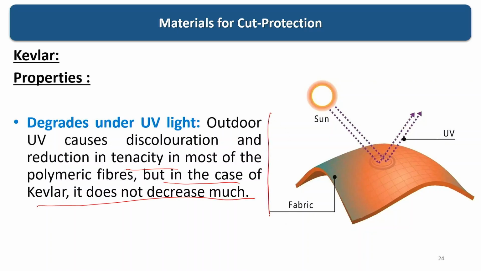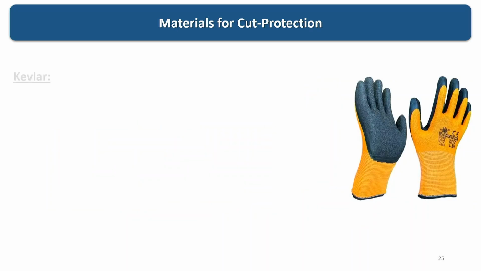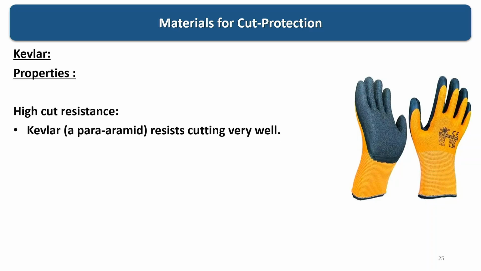So, although in most of the fibers there is a decrease, in case of Kevlar the effect is not that prominent. High cut resistance is there, so Kevlar is very widely used in cut protection. It resists cut very well.